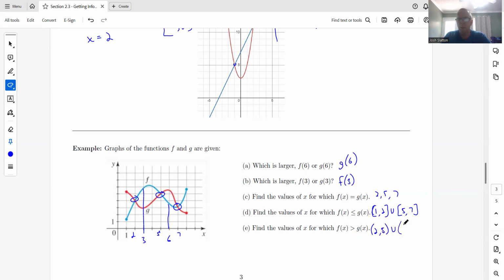And then union after 7 up to 8. Oh, and we would include the 8 because that is an endpoint and that is part of the graph. Okay, so I think we'll stop this one here, and on the next one we'll look at increasing, decreasing, and max and min.